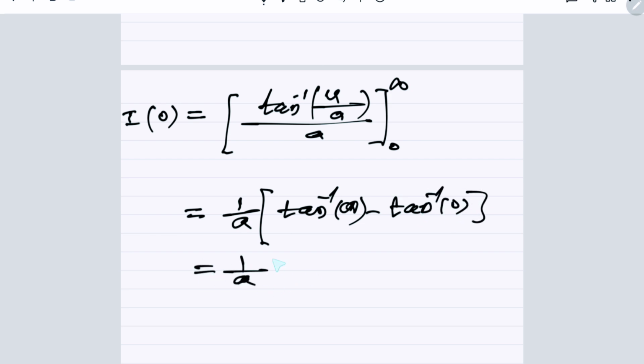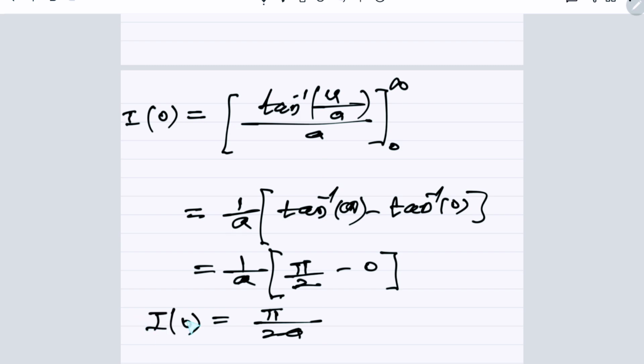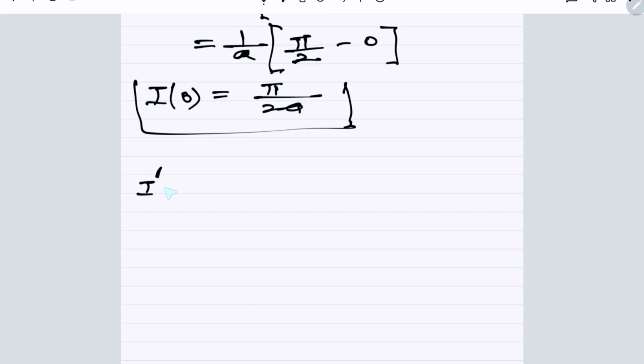But the value of tan inverse of infinity is pi by 2 and tan inverse of 0 is 0, therefore minus 0. And therefore that value is pi upon 2a, the value of I of 0.